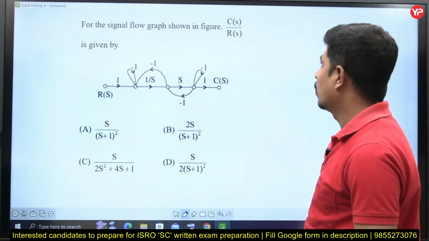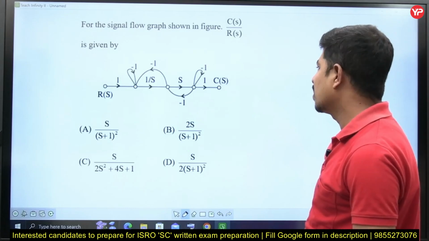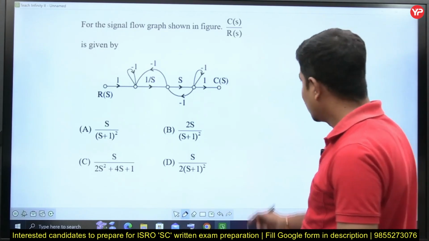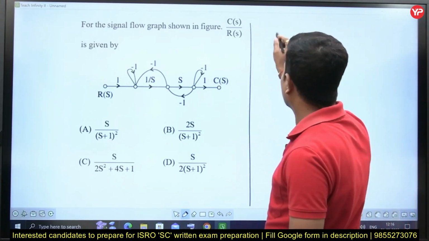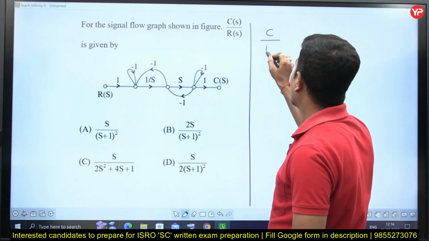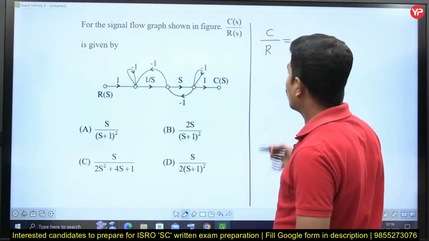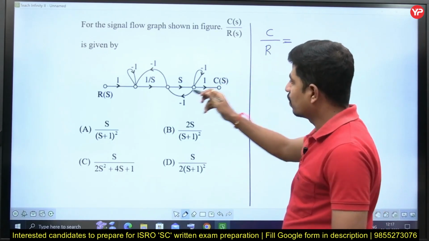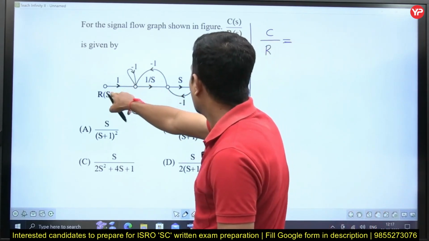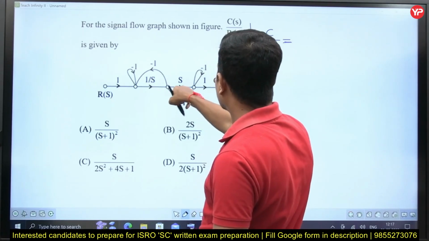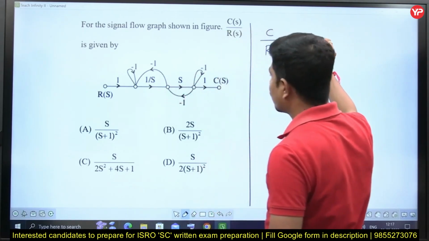This question is about finding C of S by R of S. One signal flow graph is given. Here, using the same Mason's gain formula, C by R is equal to, how many forward paths are there? Only one forward path from R to C. What is the forward path gain?